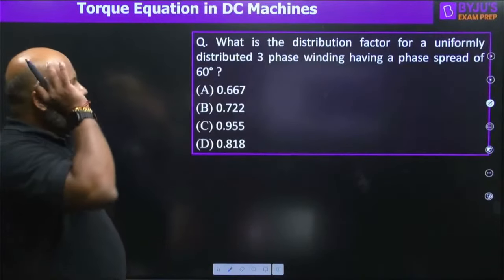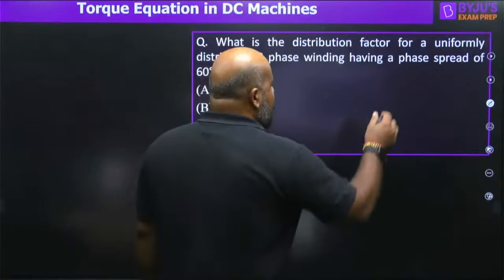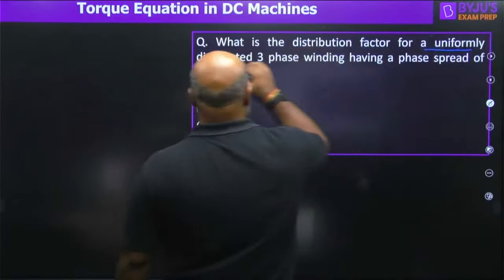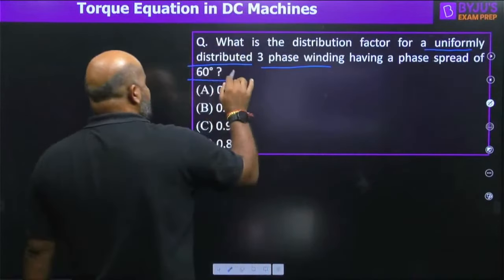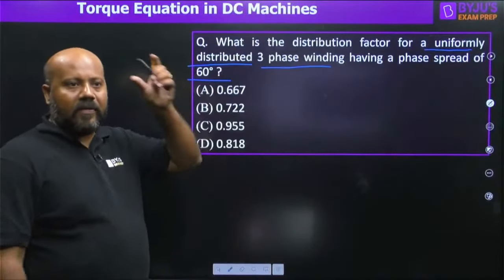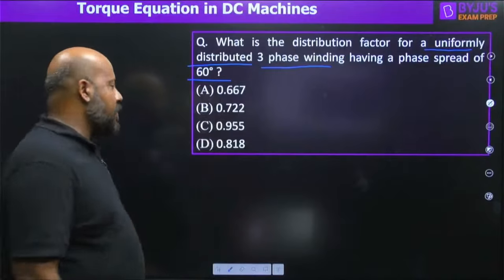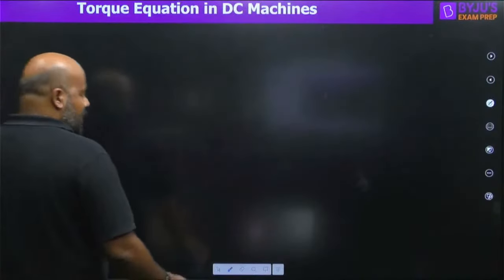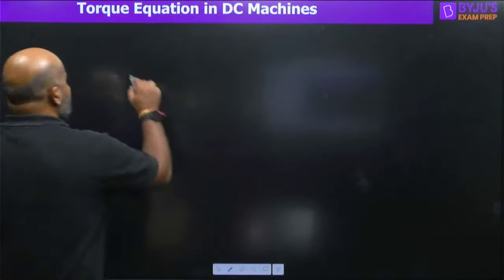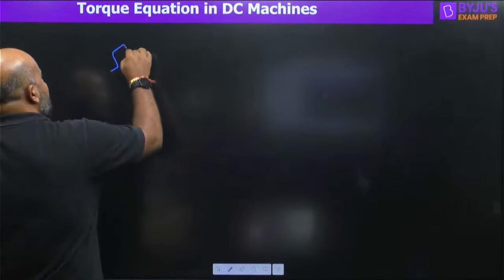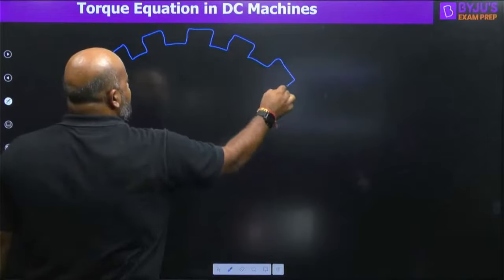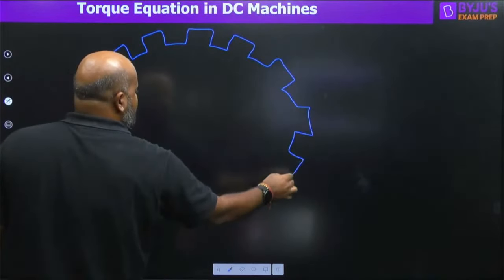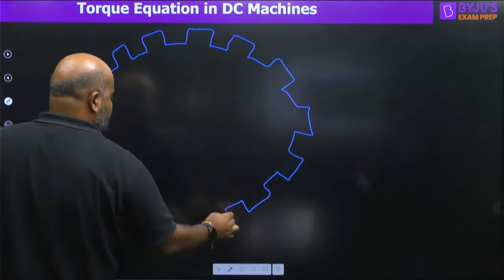What is the distribution factor for a uniformly distributed, three-phase winding having a phase spread of 60 degree? Now let us try to understand the meaning of uniformly distributed winding. As we have already seen, if you see the inner periphery of the stator, something like this.